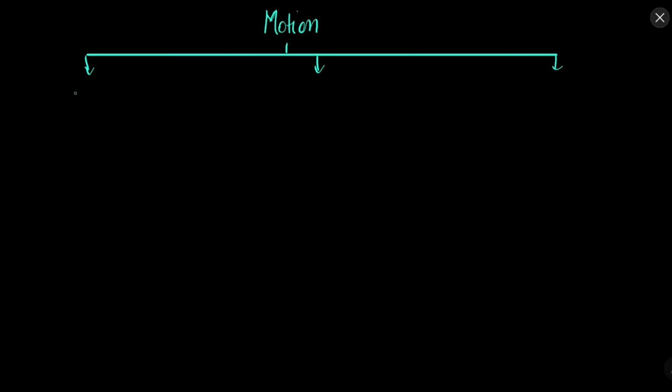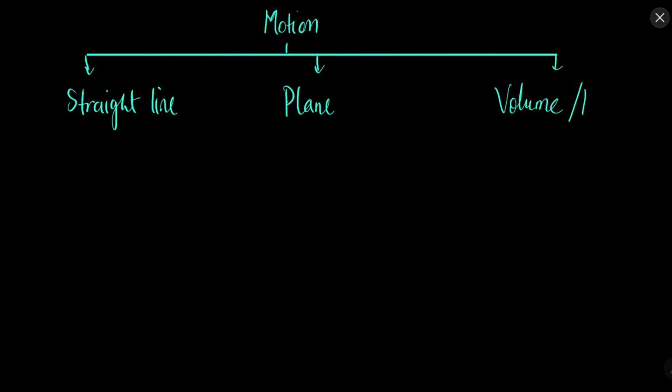So motion can happen in three ways usually: motion in a straight line, or motion in a plane, or motion in a certain volume, okay, a certain region, a 3D region.